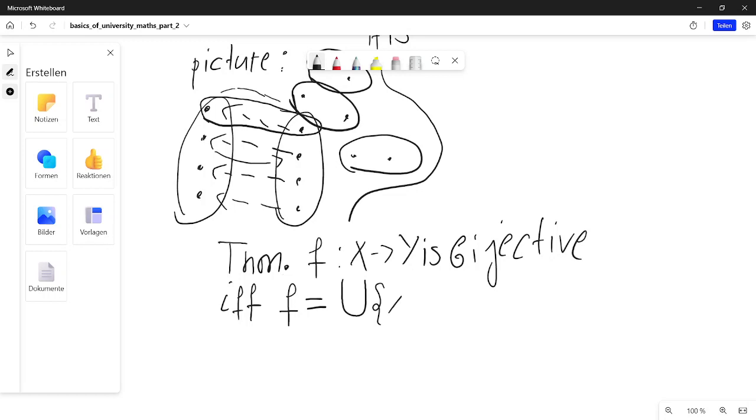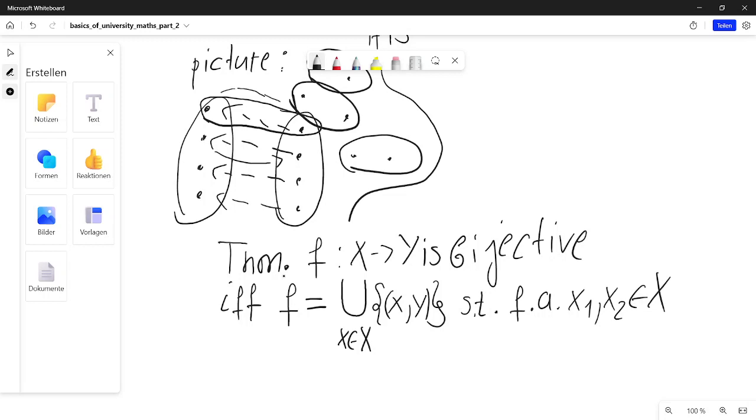Alright, here's a union. Pairs (x, y), x an element of X, such that for x1, x2 elements of X, (x1, y) equal to (x2, y) implies x1 equal to x2.